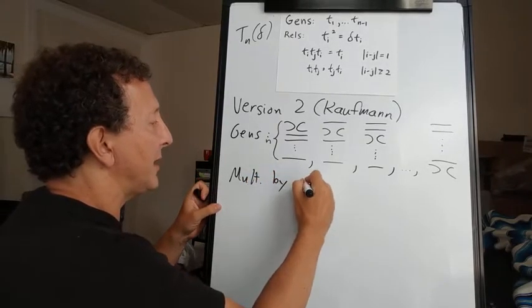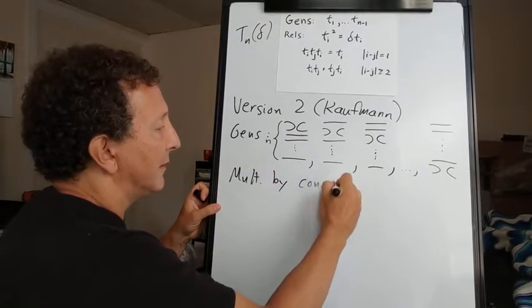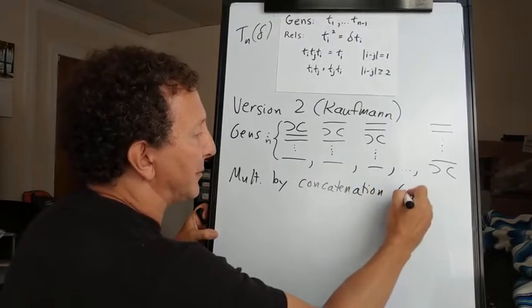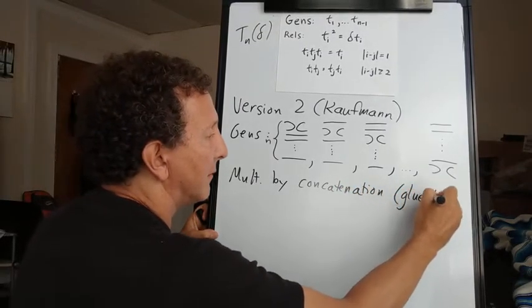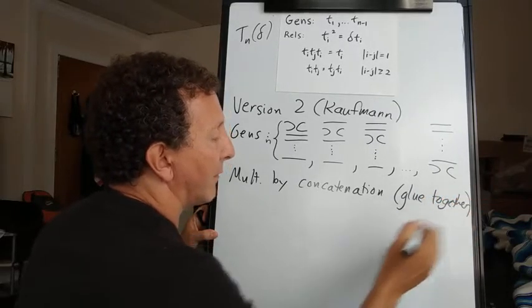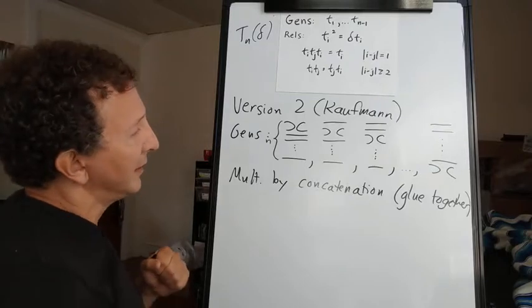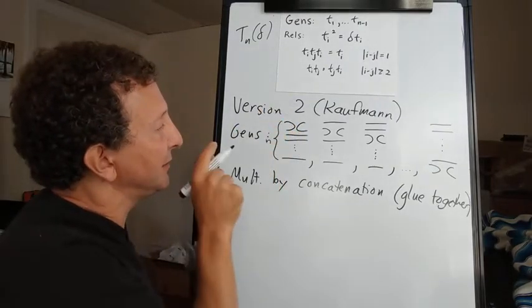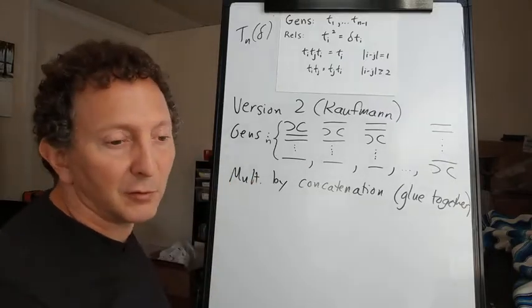Now we multiply by concatenation. That means gluing together. And then we don't have to really worry about the relations because these pictures do that for us.